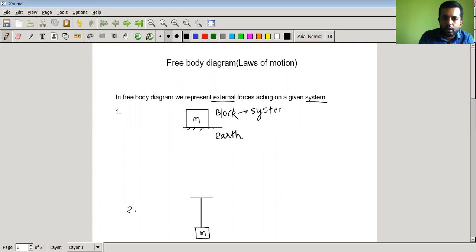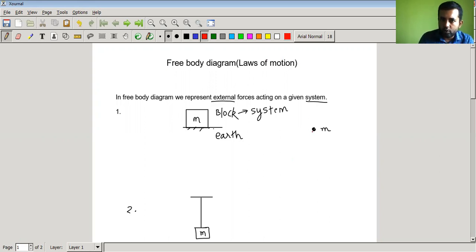Okay. Now in free body diagram, whenever you consider a system, you represent that with a dot. So this is our mass m. Now, if this is the system, what are the external forces acting on it? External. Now, you all know that the block will be feeling the force due to gravity.